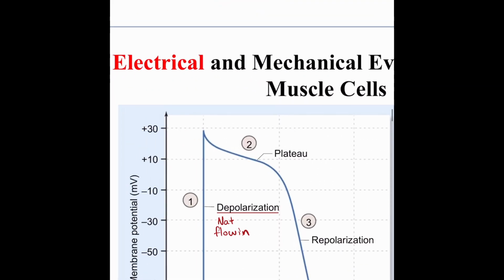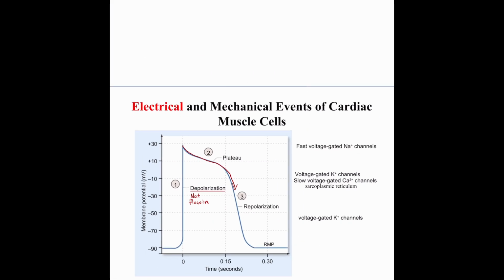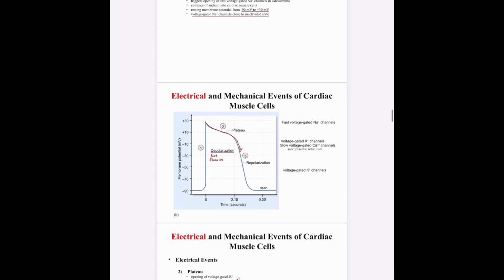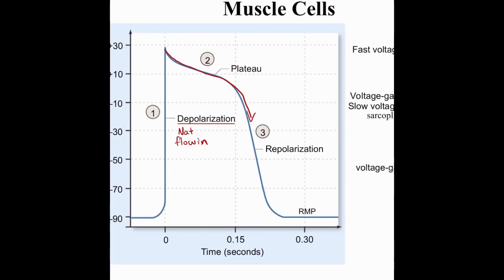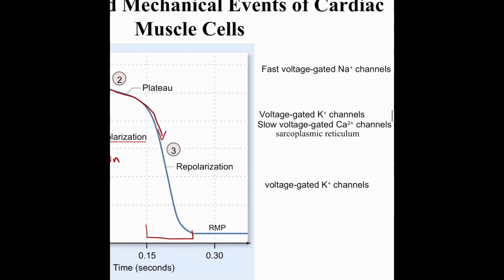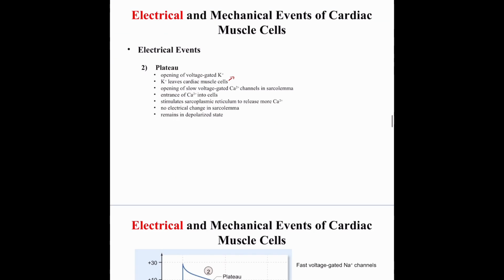And as we decrease in our plateau, which means to flatten out, we'll see that we repolarize at a certain point, though not as steep as our depolarization. So this slow and long repolarization is in relation to the slow voltage-gated calcium channels.